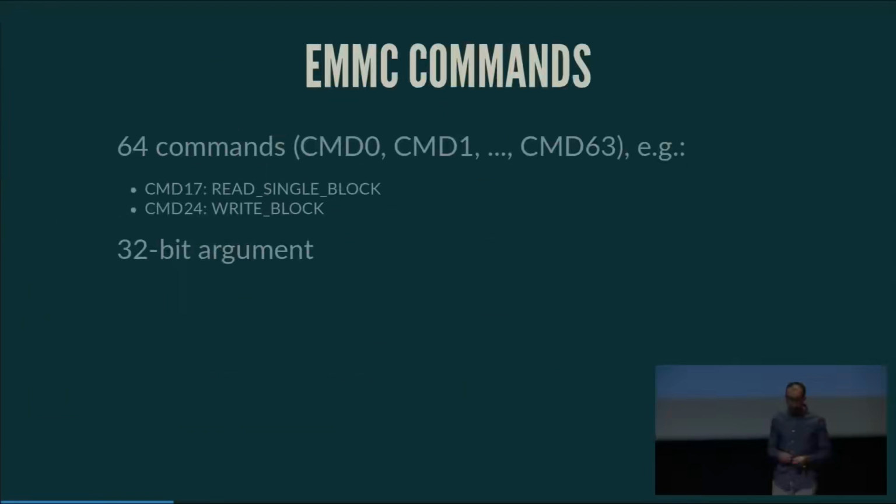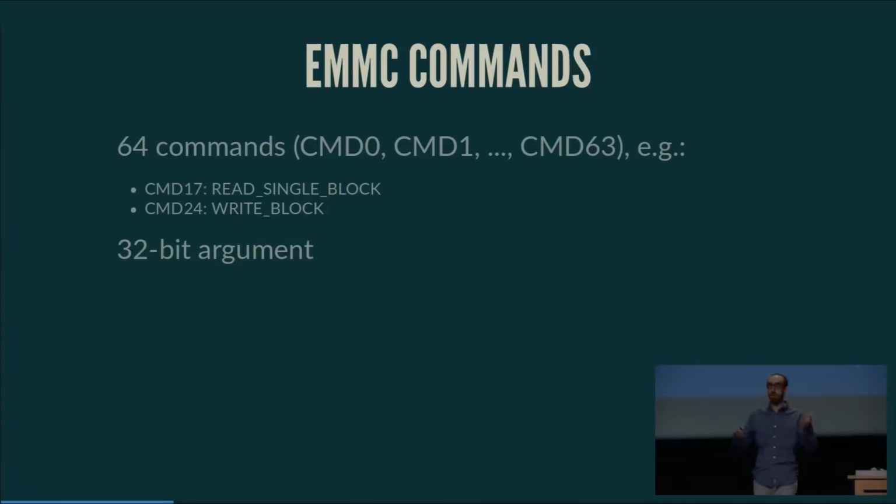When you communicate over the eMMC bus, you send commands to the card, and there are 64 commands, denoted from command 0 up to 63. For example, you have command 17, which is read single block, and command 24, which is write block. Each command takes a single 32-bit argument.